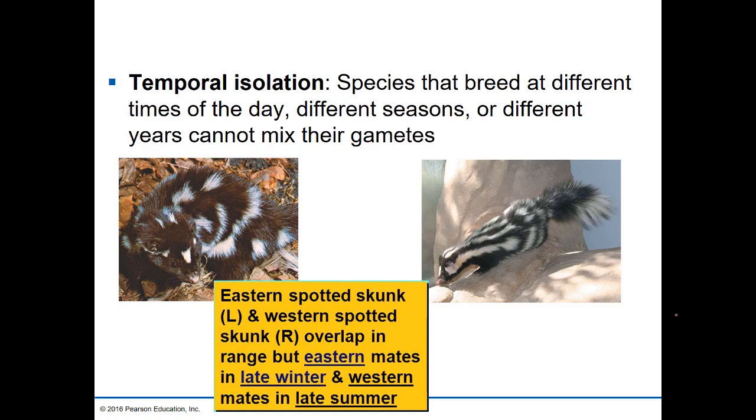So if you think about dogs or cats, when they go into heat, there's only certain times when that female can accept a male and actually mate with the male, where she will have an egg that will be fertilized by the sperm. And since they mate at different times, their body goes into heat at different times, they're not going to be able to mate with one another, and so they're considered separate species.